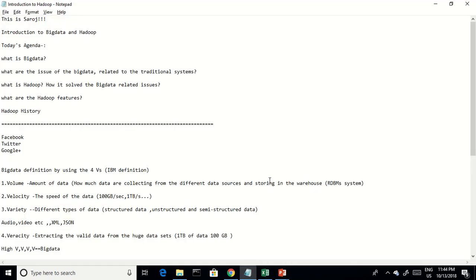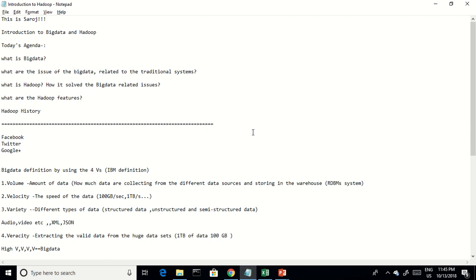Hadoop is a framework in the sense that up to 60 to 70% of the work has been done by the developers who developed the Hadoop software. They have done a fantastic job.